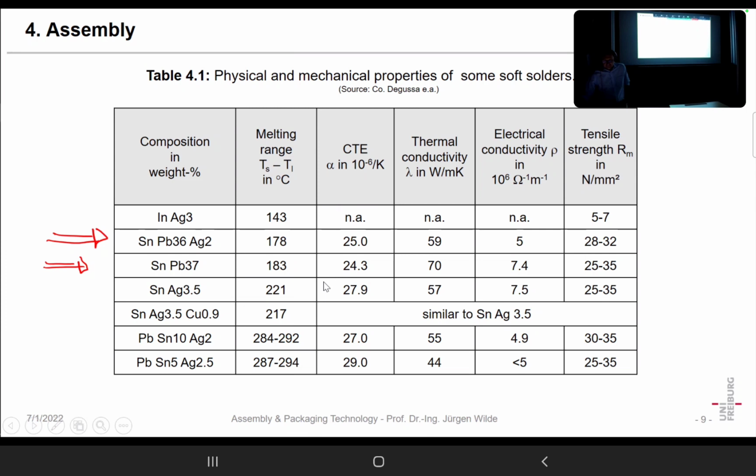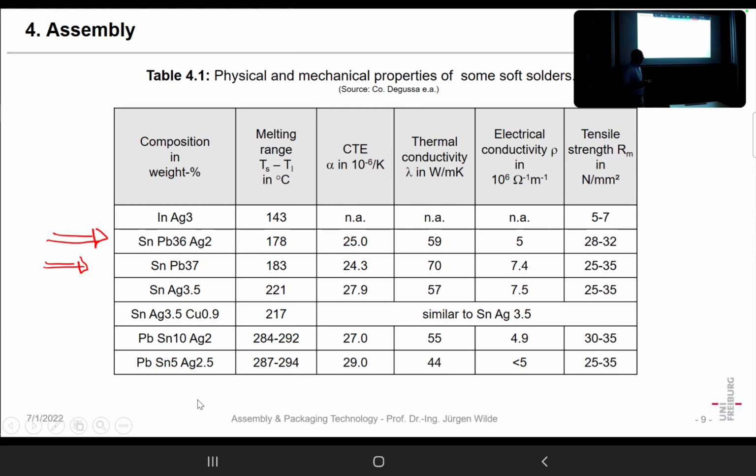Okay, but the most important is the melting point or melting range. So we have seen here already 3 different ranges, and we know why.